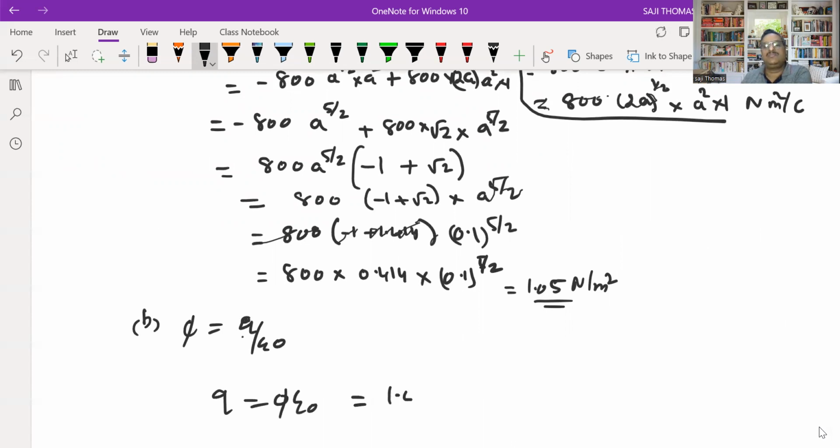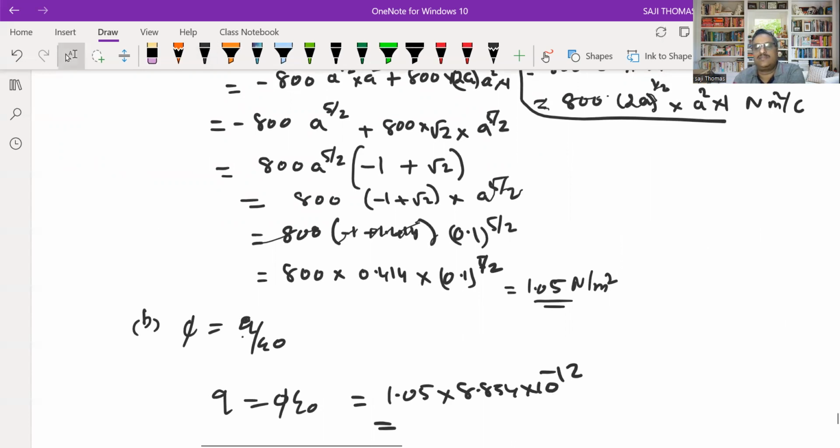Phi you determined as 1.05, into 8.854 into 10 raised to minus 12. When you multiply this, you will get 9.27 into 10 raised to minus 12 coulomb. So this is the charge. This type of question is also important.